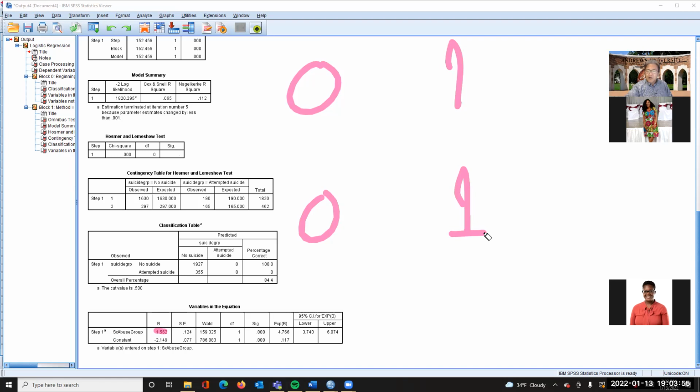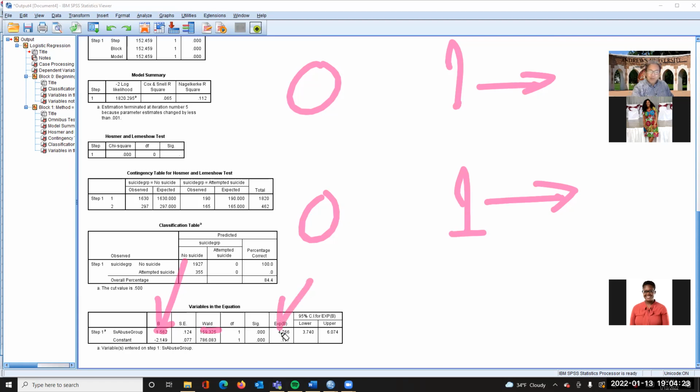In other words, more of this is more of this. The B, the regression coefficient, is positive. That means there is a positive relationship between suicide and abuse.